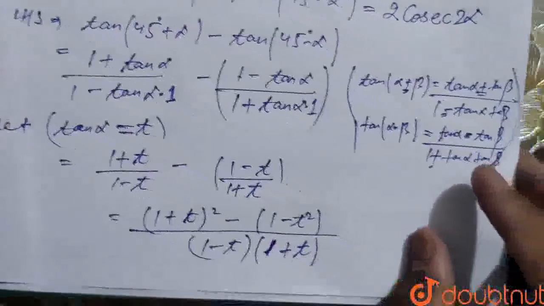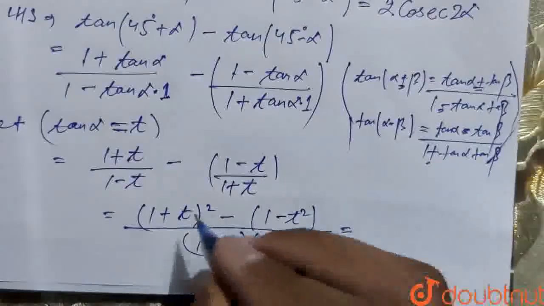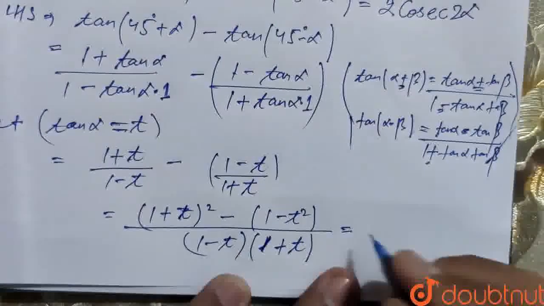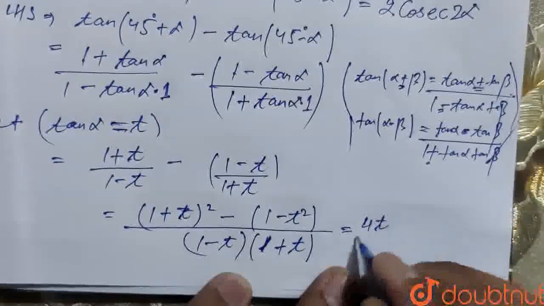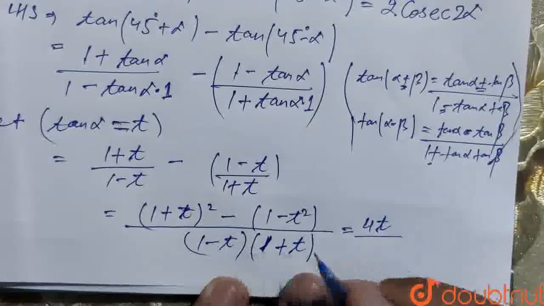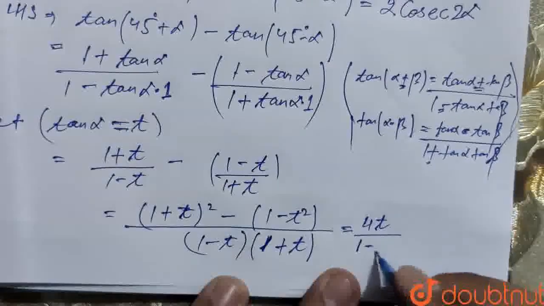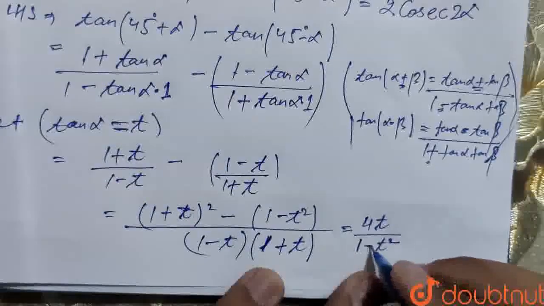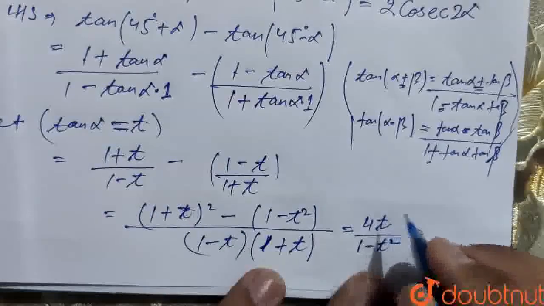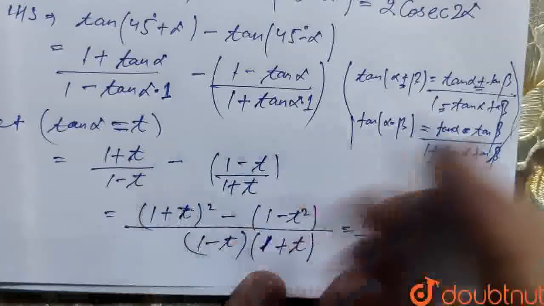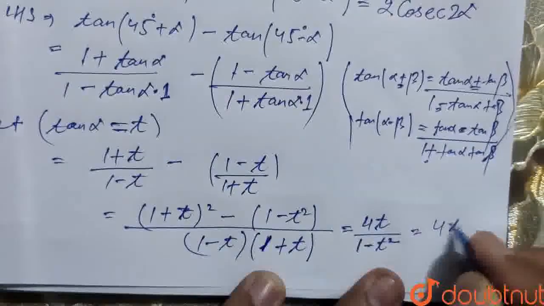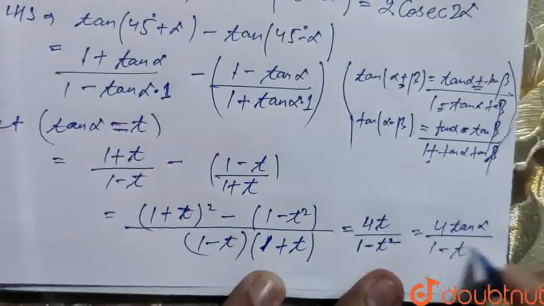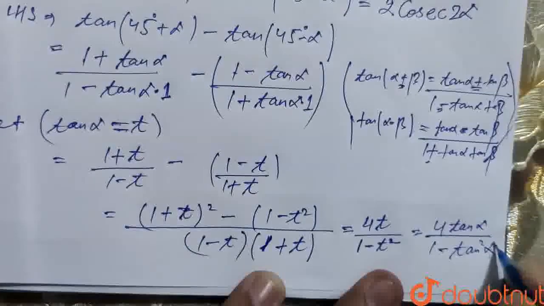Now we know that on solving these squares we will get 4t, and we know that (a minus b)(a plus b) is a square minus b square. So we get 4t upon 1 minus t square. Now we have taken tan alpha equals t, so it will come 4 tan alpha upon 1 minus tan square alpha.